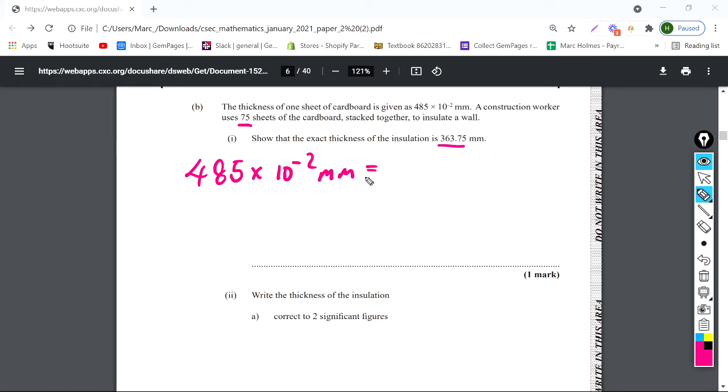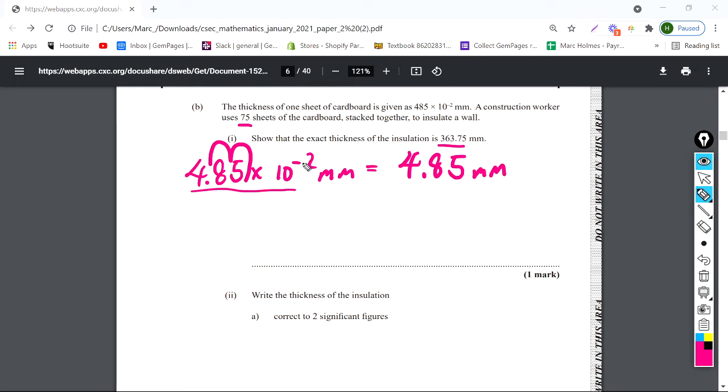So how do we do this, guys? Well, the first thing, we want to find the thickness of the cardboard. We want to take this out of standard form. So guys, this is times 10 to the negative 2, so the point would go 1, 2 to the left. So this should be the same thing as 4.85 millimeters. And why did we get 4.85, guys?